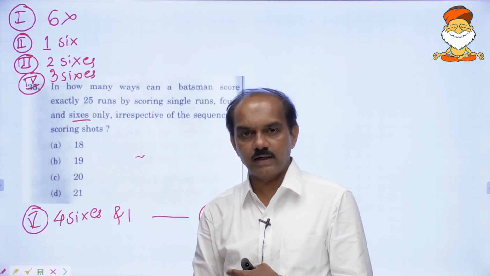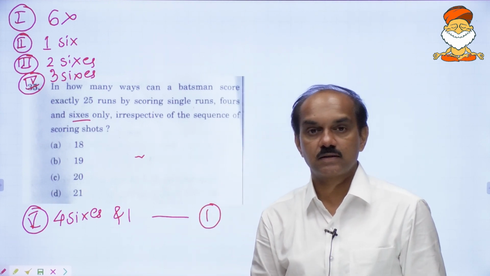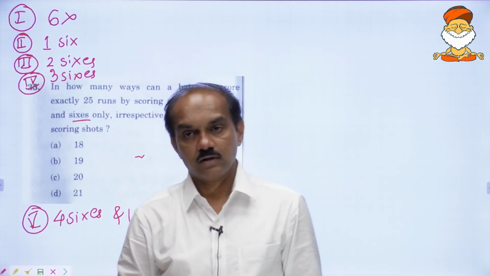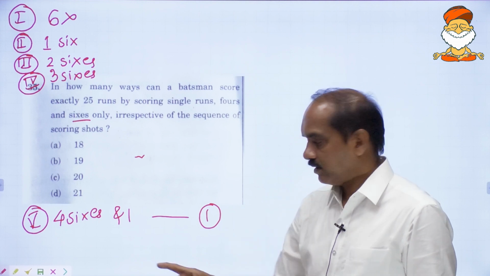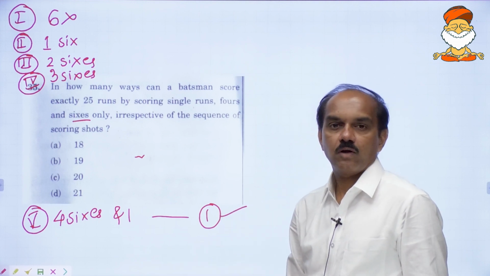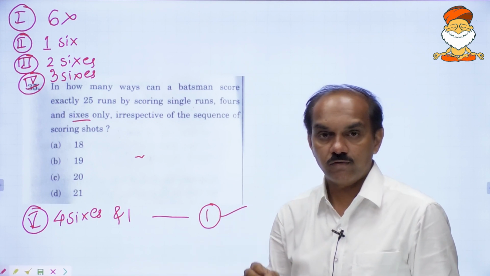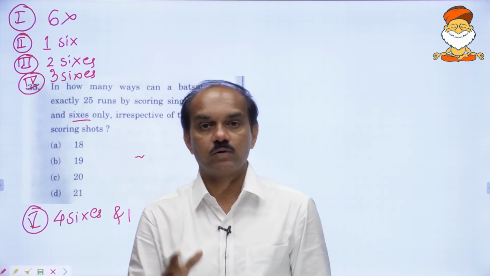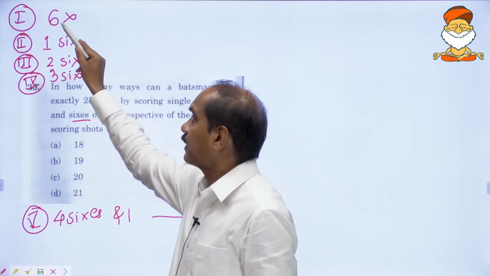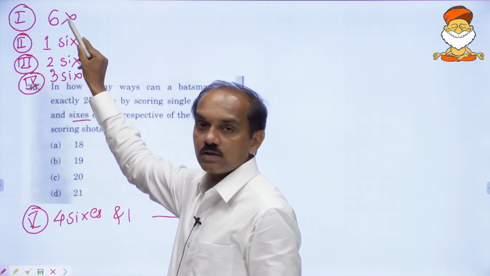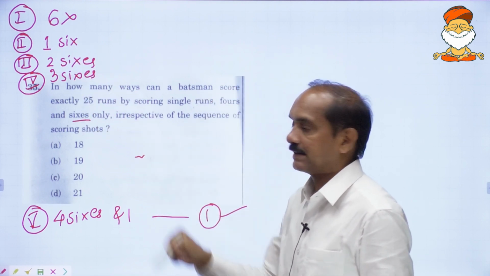If a batsman hits 4 sixes, that is the end of it. This is the only possible way. 4 sixes and 1 single. This is the only way of scoring 25 runs. Same way you will have to check 0 sixes, 1 six, 2 sixes, 3 sixes.